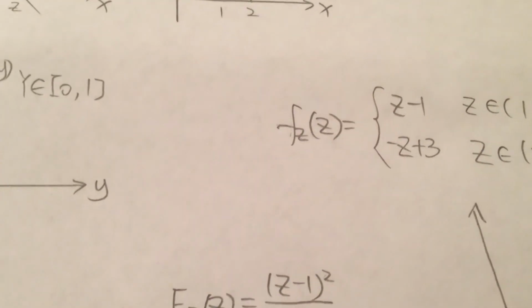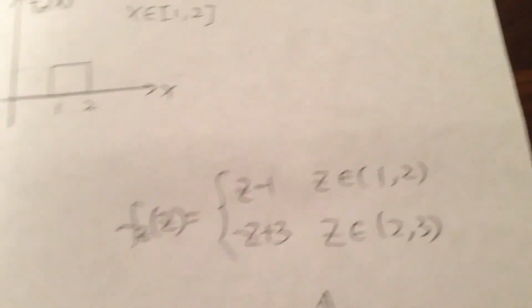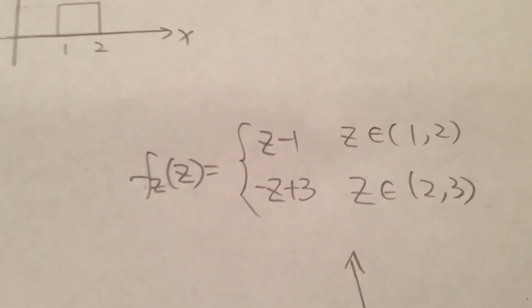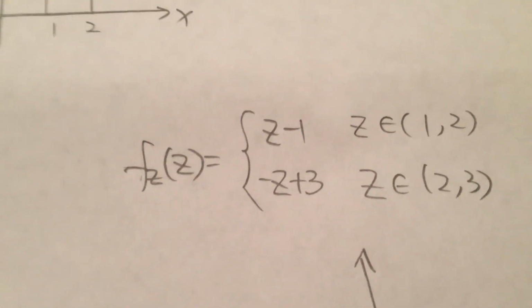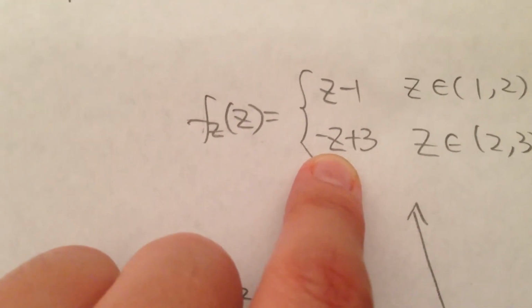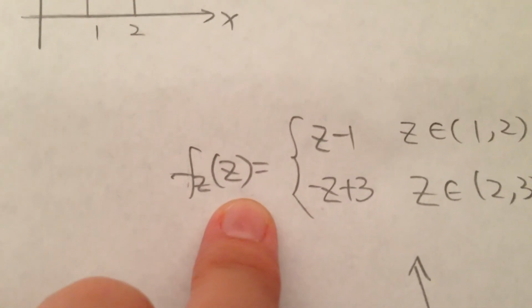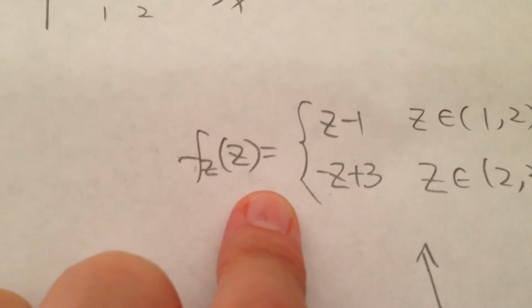So, when z is ranging from 2 to 3, it's this equation. And in other cases, the density function of z is 0.